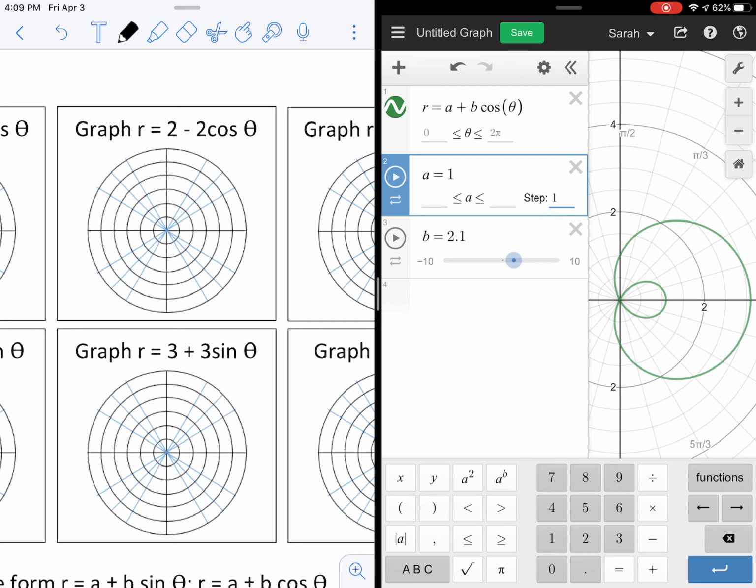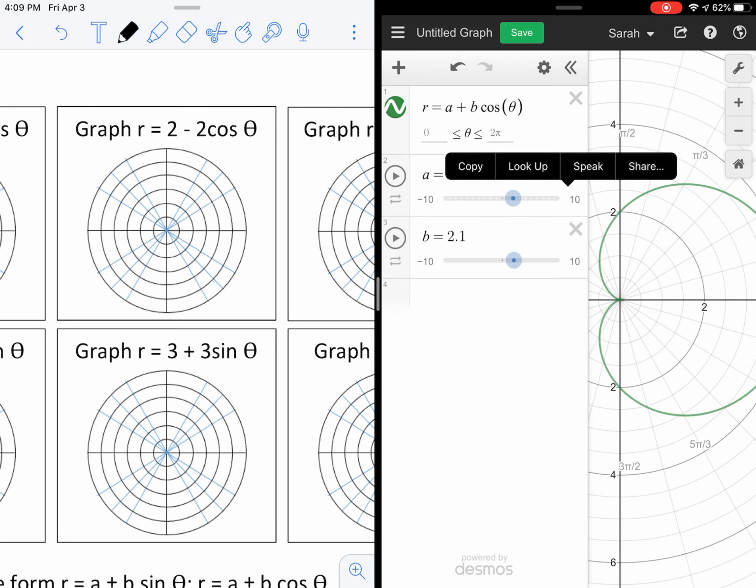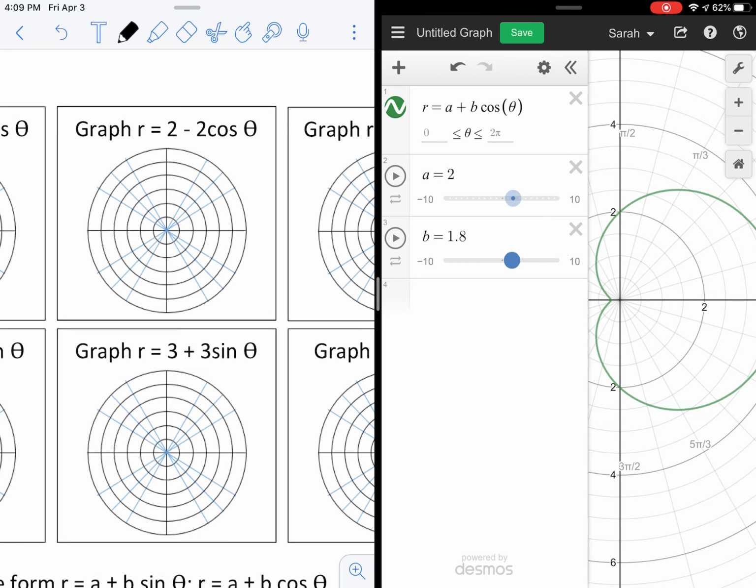I'm almost positive you can change it up so it's a step by 1. Let's just say -10 to 10. And then go back to, oh, okay, that's not what I wanted to do. But then there we go. So then I did all that work so my a can go up to 2 and I still can't do it. And then b, let's see if I have more success with b.